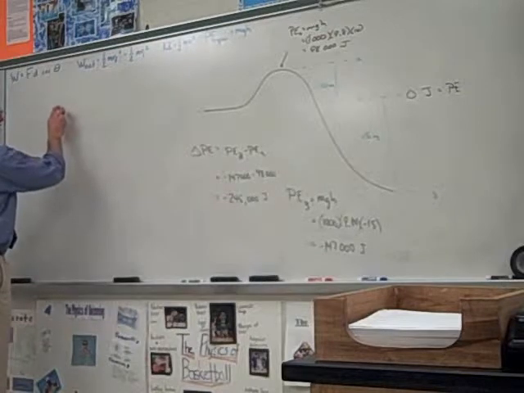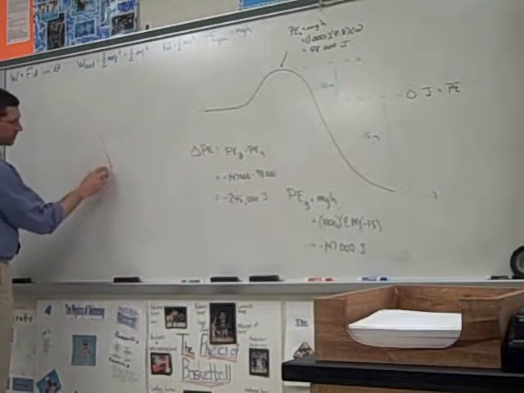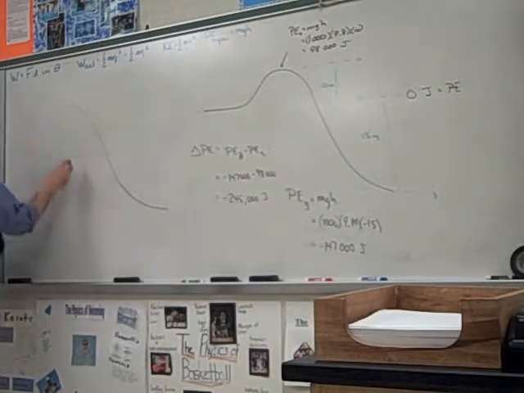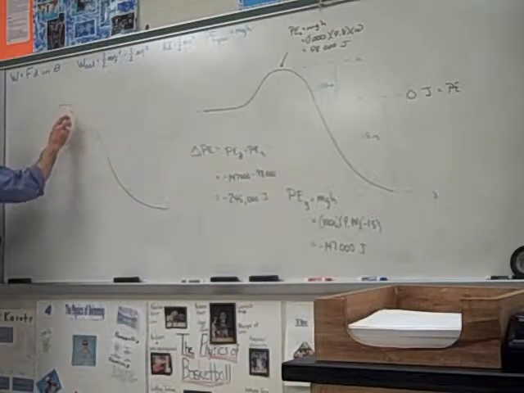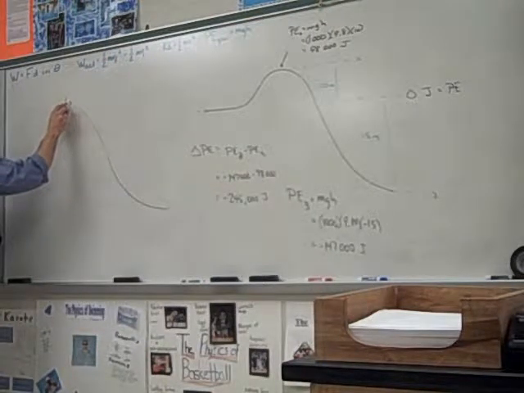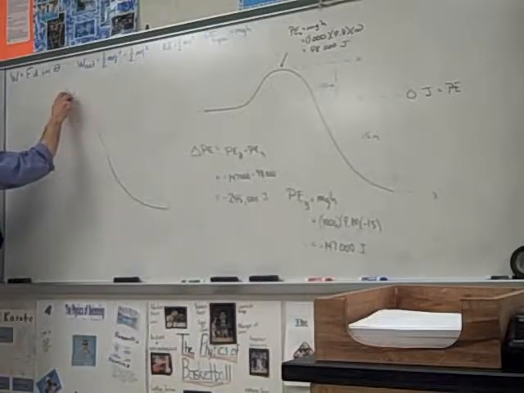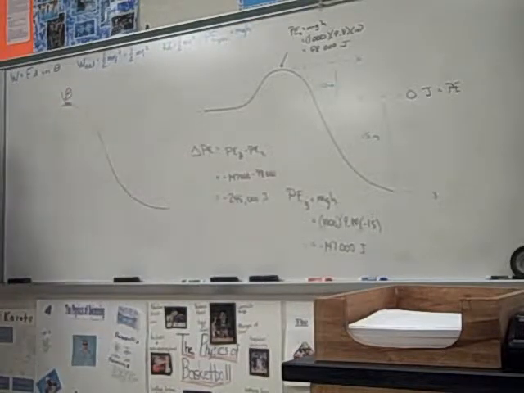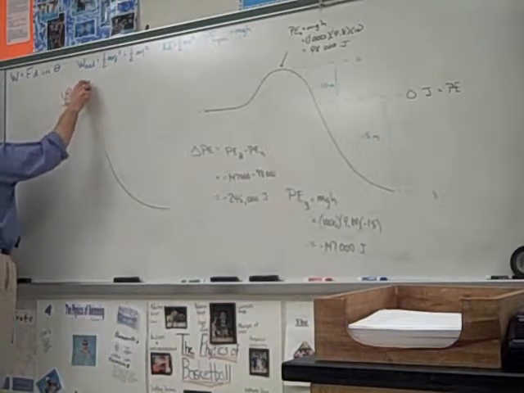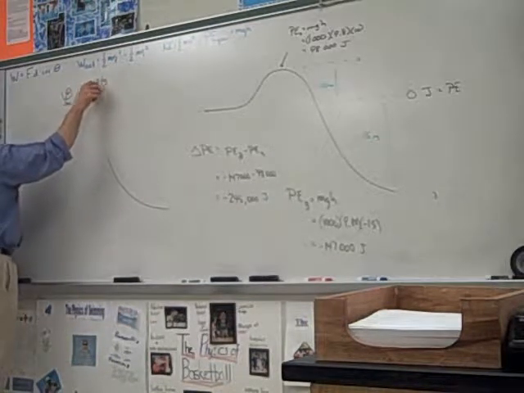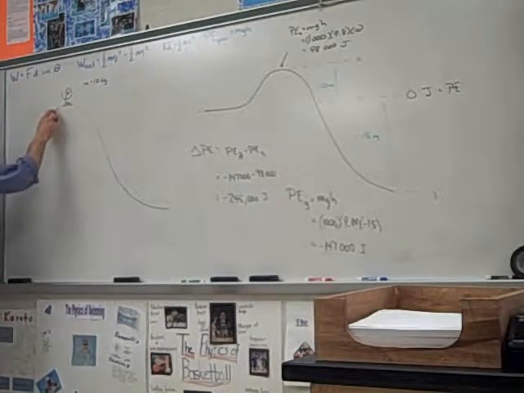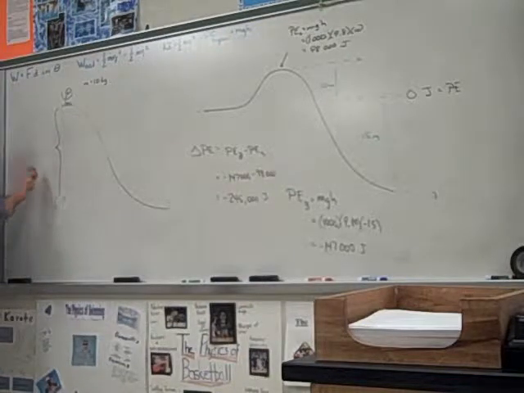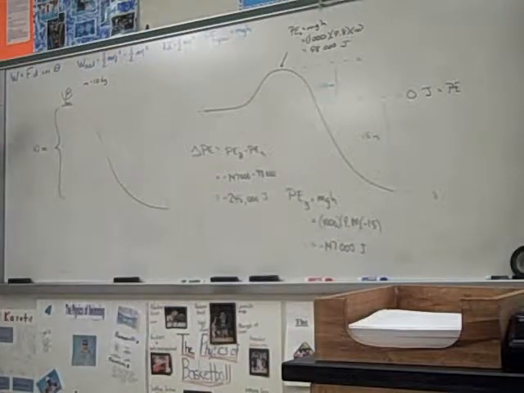So let's say that we had a slide that looked like this. All right, and you are on the slide. Your mass is 10 kilograms, so that's pretty small. You're just a kid at this point. And the height of the slide is 10 meters from the hill to the bottom.